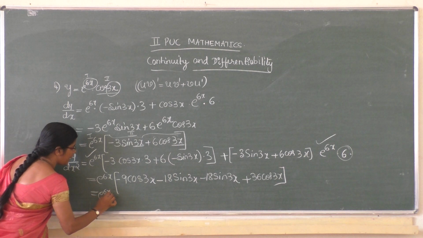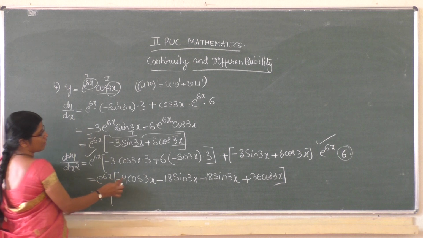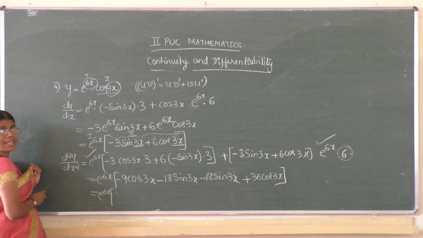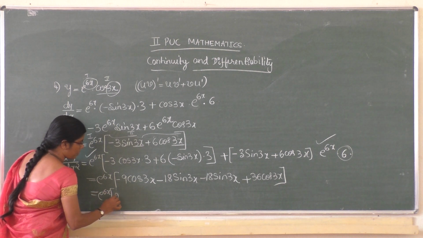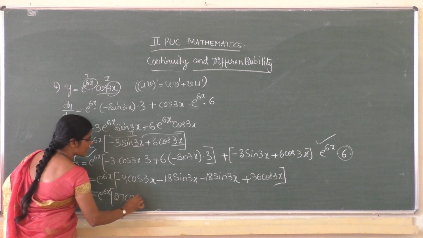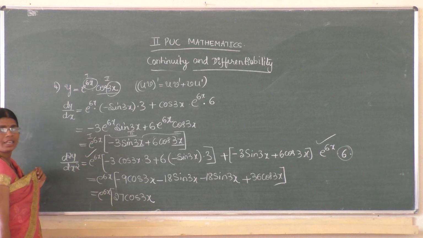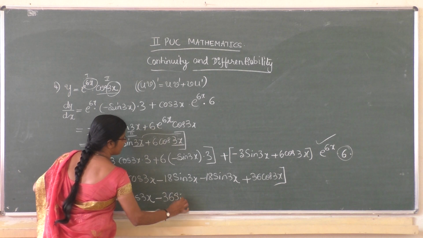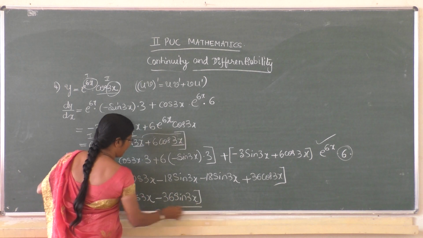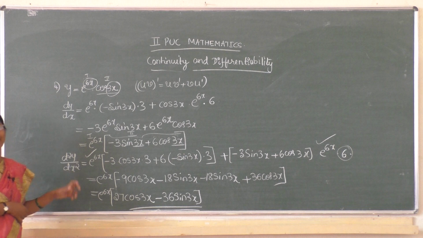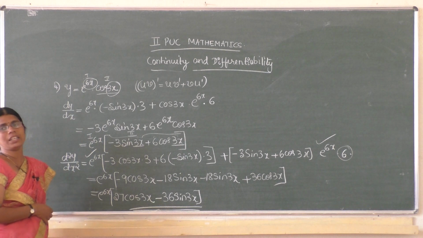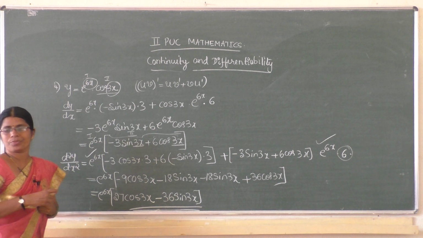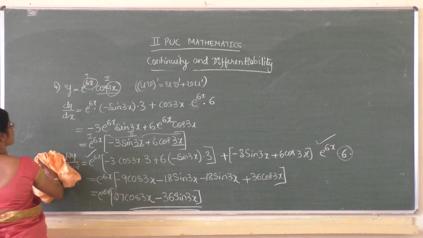So we got e to the power 6x into minus 9 plus 36, that is 27 cos 3x, minus 36 sin 3x. So this is the second order derivative of the given function. So this is how we take the derivative. Next, consider the next problem.